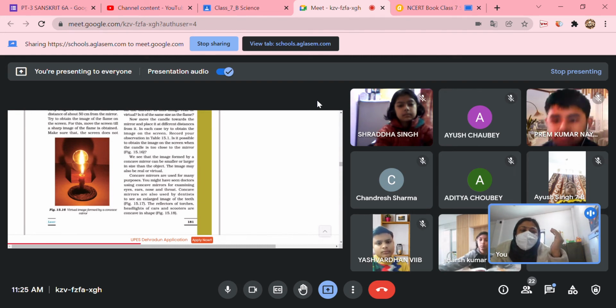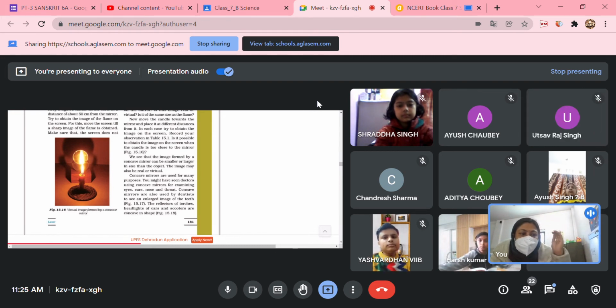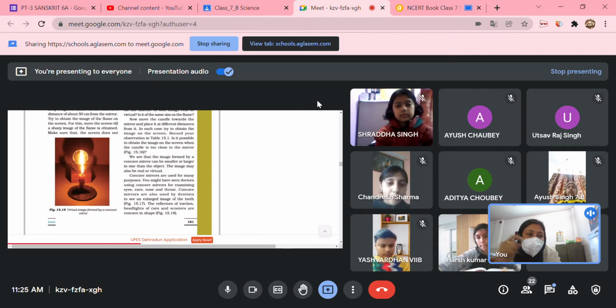What is the kind of this curved surface? Concave surface. So all the rays coming from the bulb are converged at a point by this curved surface, and hence we are able to see so much bright light through the torch. Okay, this is clear. Uses of concave mirror, and the nature of image formed by a concave mirror.